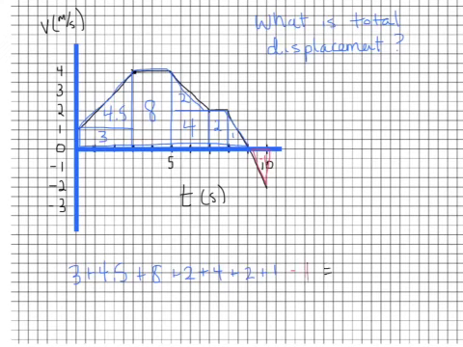So when I get that total area, it's going to be 23.5 meters. So what that tells me is that at the end of the 10-second time period, I'm 23.5 meters to the right of where I was at the beginning of that time period.